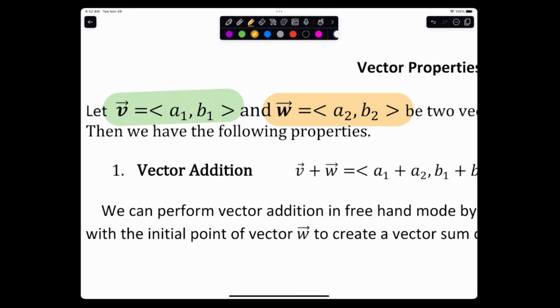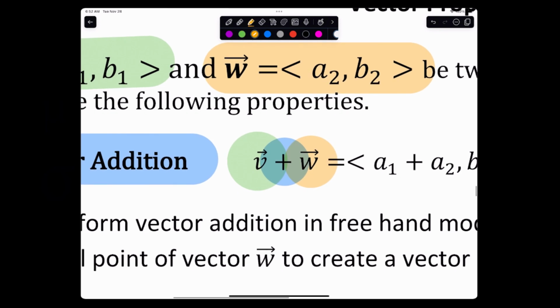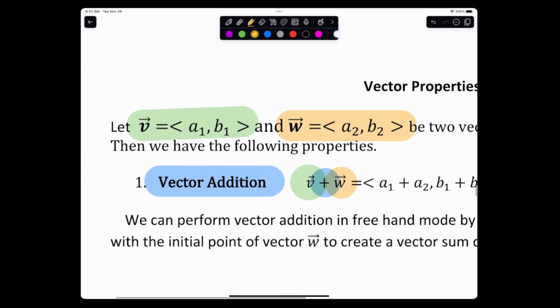What they're going to define for us is how to do vector what? Addition. You might say, what is vector addition? Well, addition means to add. So where is this addition happening? Right there, with two vectors, green and what? Orange. We're going to do vector addition.